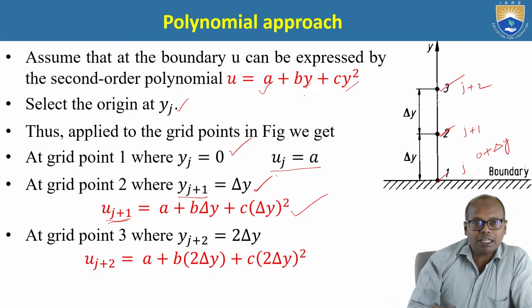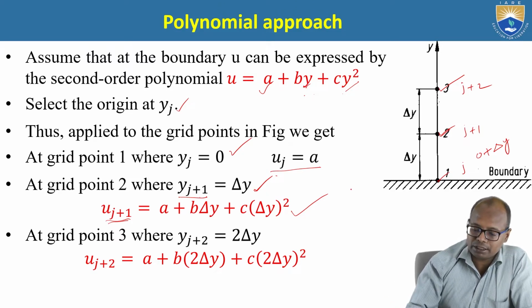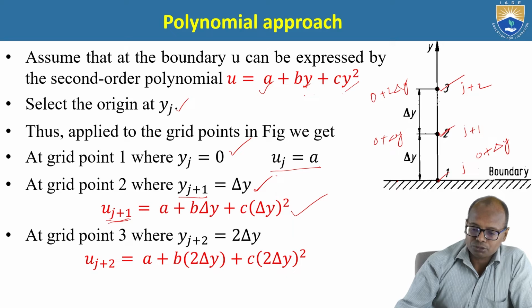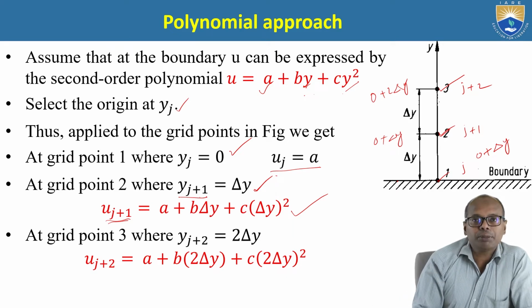Now if I repeat the same thing for point 3, the value here is 0, then 0 plus delta y, and here it is 0 plus 2 delta y, because we keep on adding delta y terms for the value of y. So yj plus 2 is equal to 2 delta y.